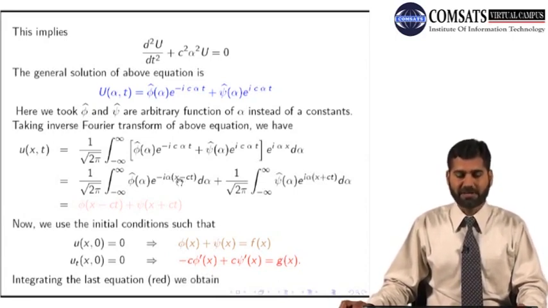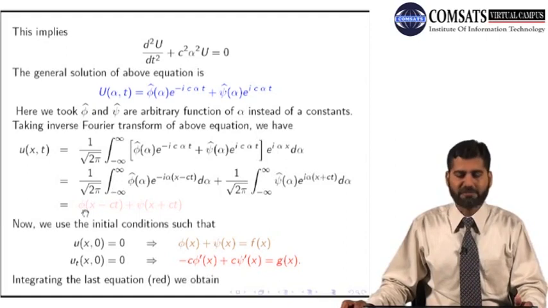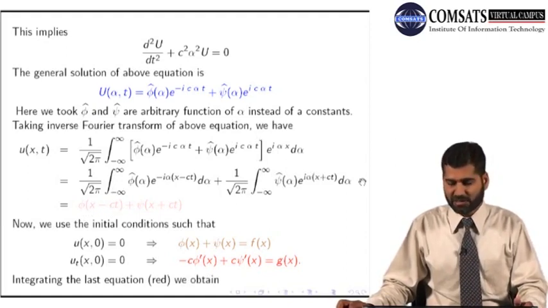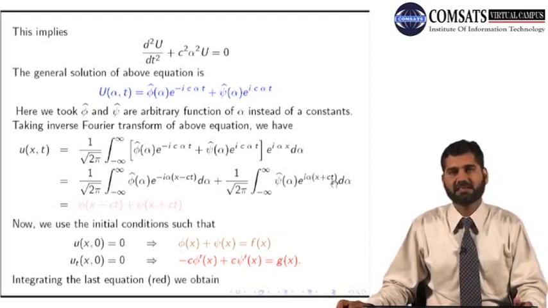So this is a new parameter x minus ct. If you integrate this whole thing, you will be left with x minus ct. Alpha will be gone. So this whole thing will be a function of x minus ct, and this whole thing will be a function of x plus ct.